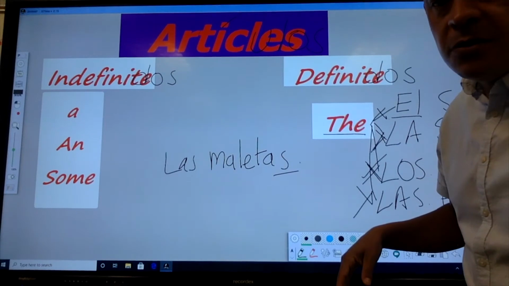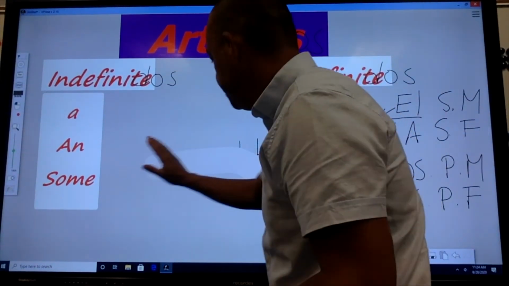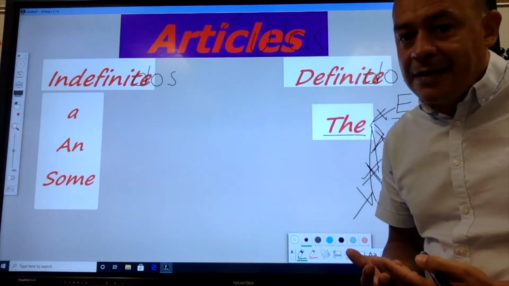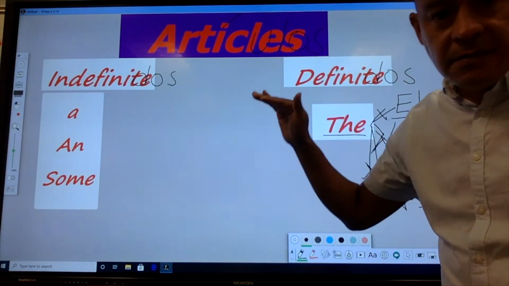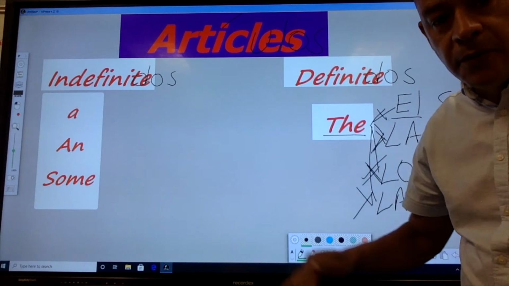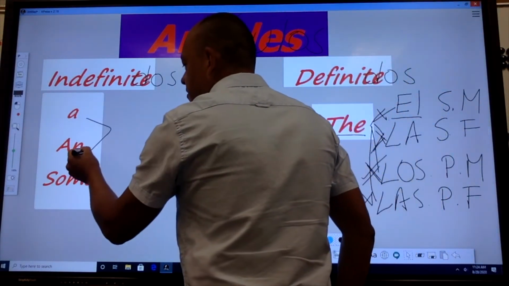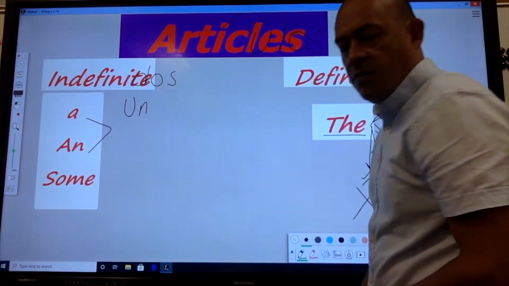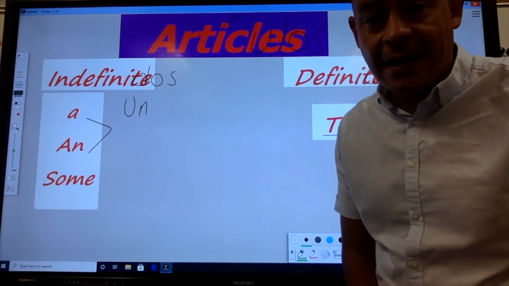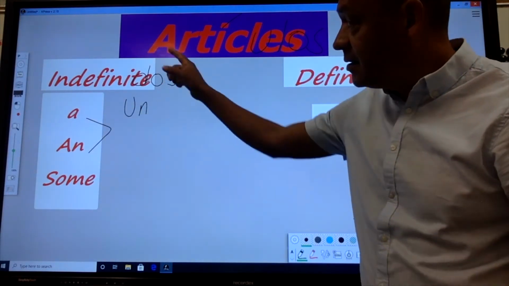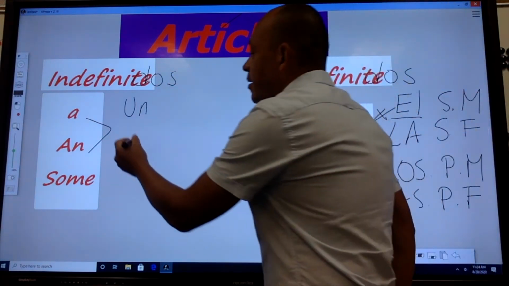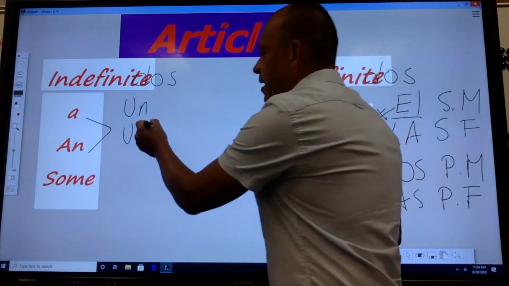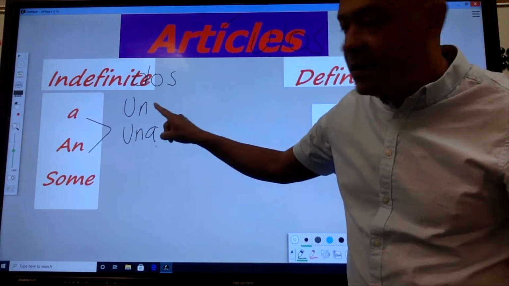Let's turn this into indefinite. In indefinite, it will be exactly the same. There are masculine, feminine, singular, and plural. So how do you say this? Here we go. Un, for something that is masculine and singular and indefinite. And then una, for something that is feminine and singular.